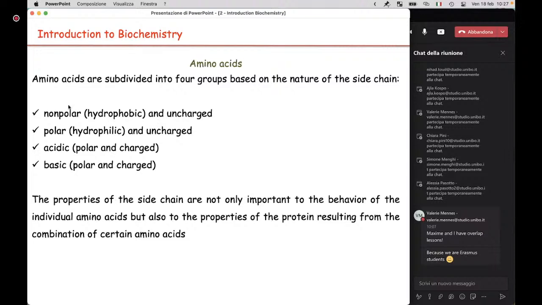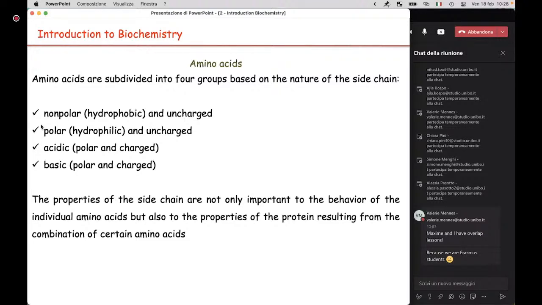Of course, let's say that all non-polar amino acids are uncharged, at least when they are in proteins. Polar or hydrophilic amino acids can be uncharged or charged.